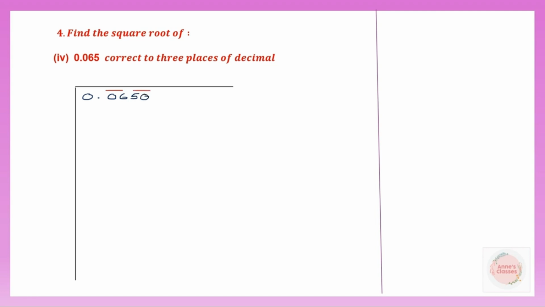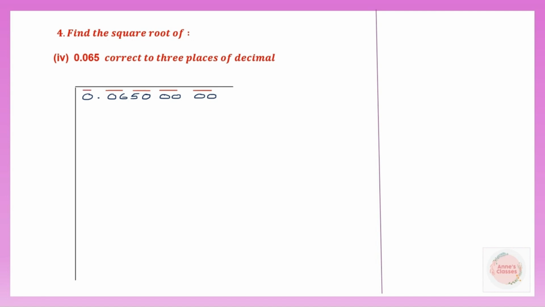So now how many pairs do we have? 1, 2. Now when we have to correct to 3 decimal places, we need to have 4 places. 4 pairs like this. Okay, so let's get the 4 pairs. So 1 pair of zeros and 1 more pair of zeros. So now how many pairs do we have? 1, 2, 3 and 4 pairs of decimal places.